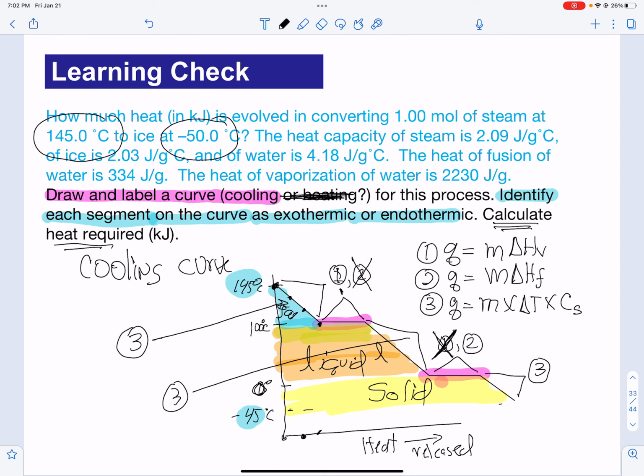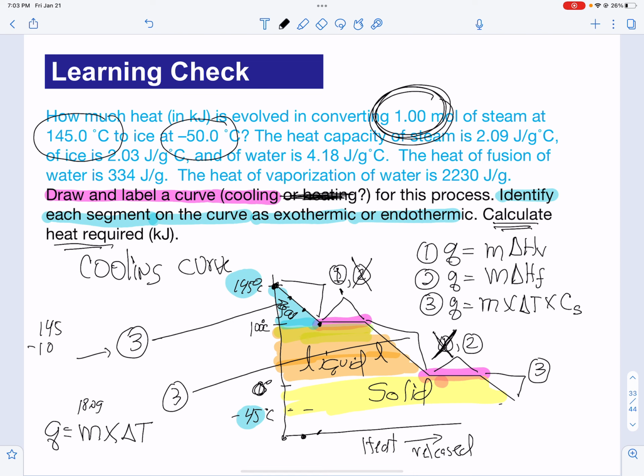So the question is, when you use formula number 3, you're gonna have the mass. And how much is the mass? 1 mole. So we know the amount. So 1 mole of steam equals 18 grams. So we know this is gonna be 18.0 grams, 1 mole of steam, which is water. The change in temperature, for the first one, the change in temperature is 145 minus 100.